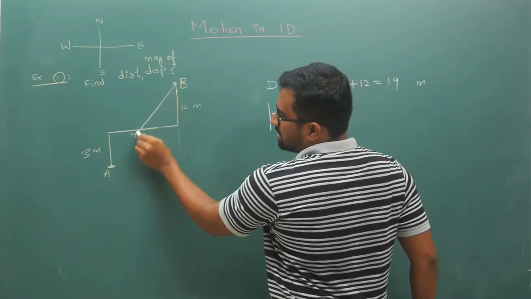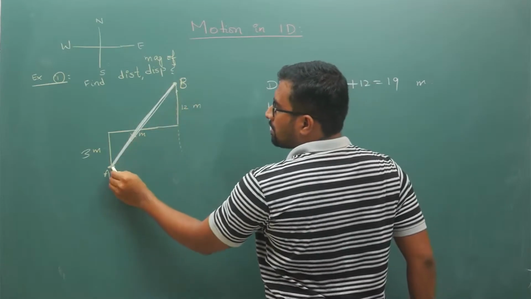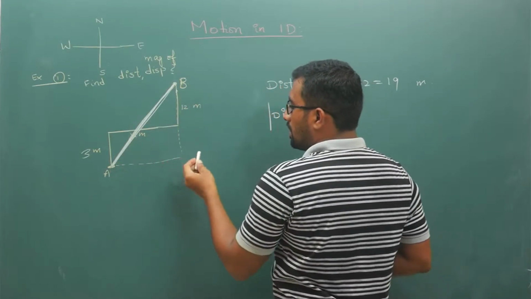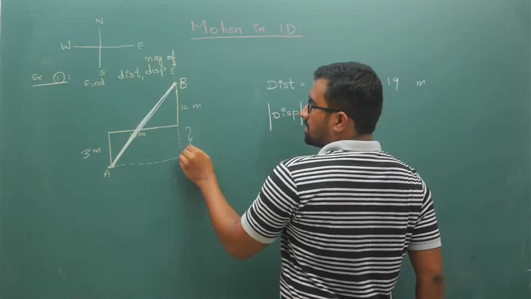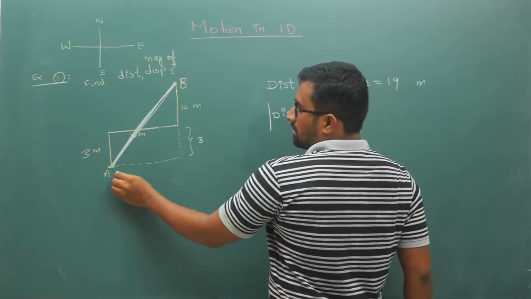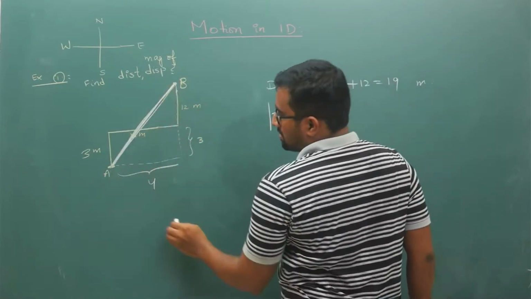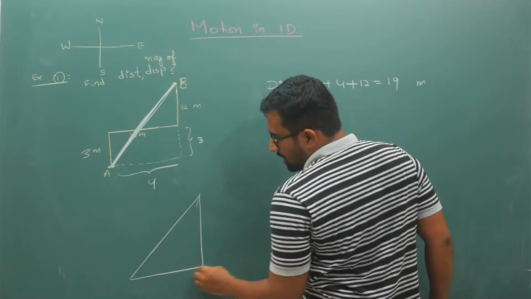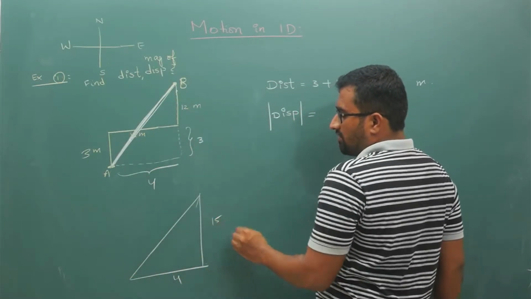You want the shortest distance, and this is your shortest distance. If you extend it like this, this distance is 3 meters and this distance is 4 meters, and you want this straight line distance. So indirectly you have a right angle triangle with 4 here and 12 plus 3, which is 15.